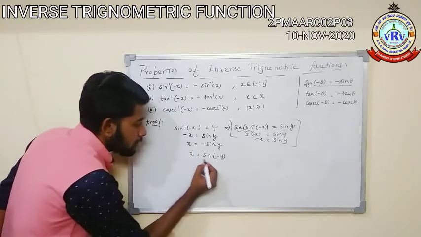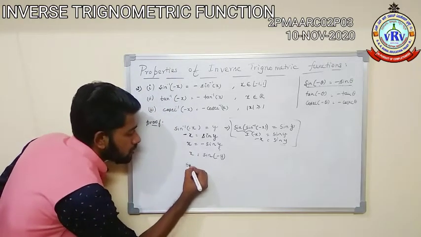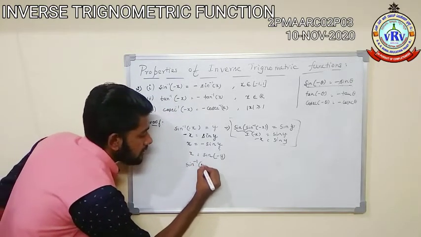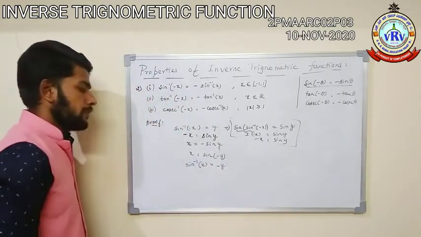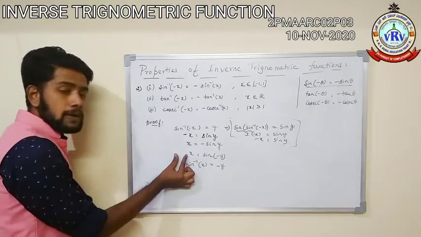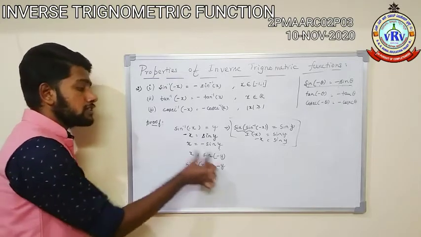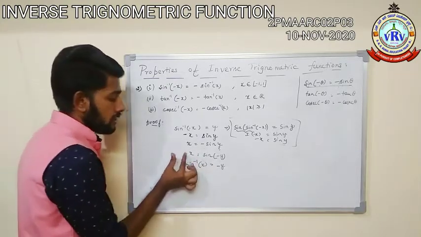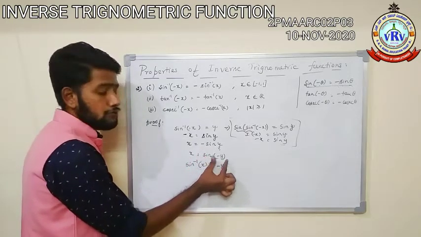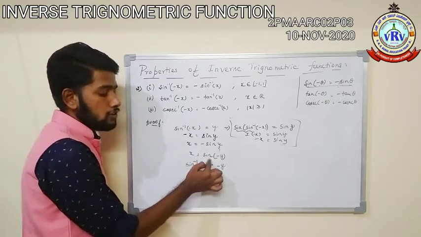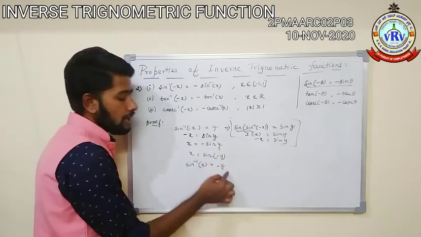So if I shift the sine function to the other side, it's like this, sine inverse of x is equal to minus y. Here I am applying the sine inverse function on both sides. Sine inverse of sine of minus y becomes minus y.